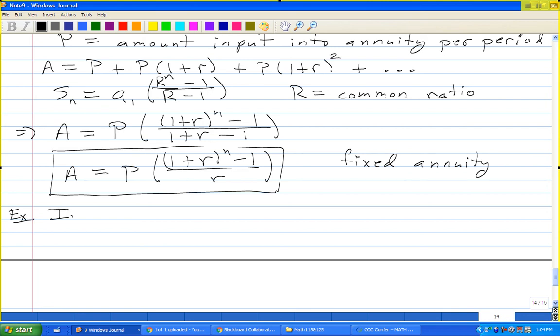Suppose you invest, let's say, $100 per month, and let's say that you invest this into an IRA, let's say a Roth IRA. So invest $100 per month into a Roth IRA.